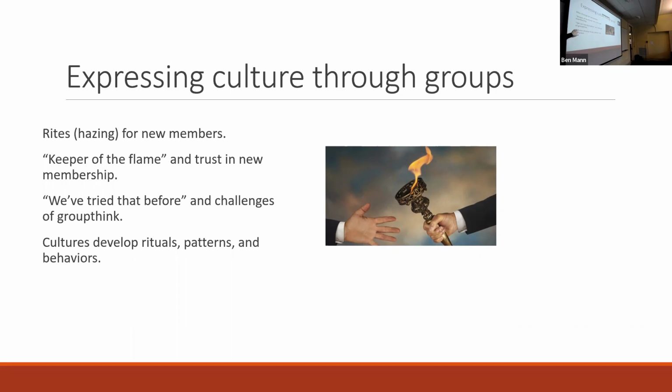And lastly, as mentioned, cultures start to develop rituals, patterns, and behavior. They start to do things on a consistent basis as they become people in a group together. Perhaps it's a warm-up or chant or activity you do together. Perhaps it's how you use the van or the car ride on the way to competition. Perhaps it's how members of the group take a little bit of time to casually chat before they start studying together.